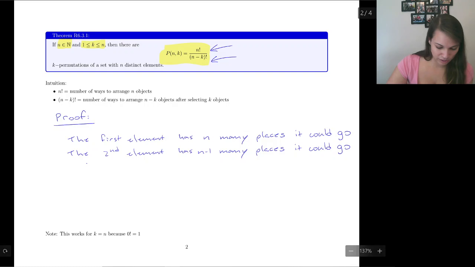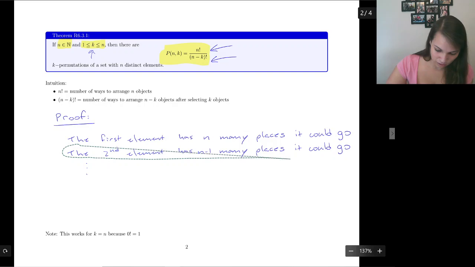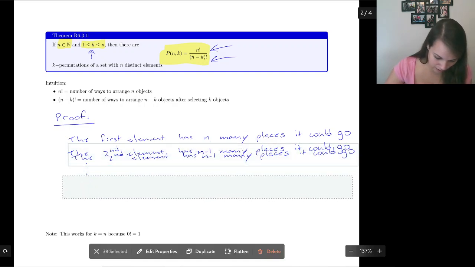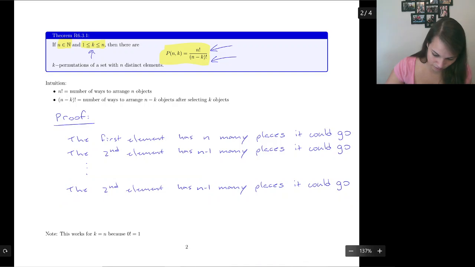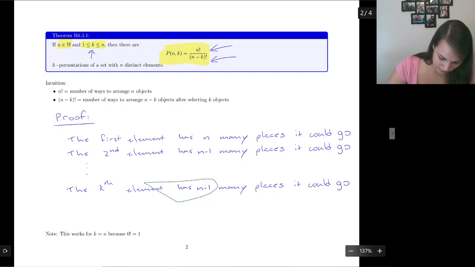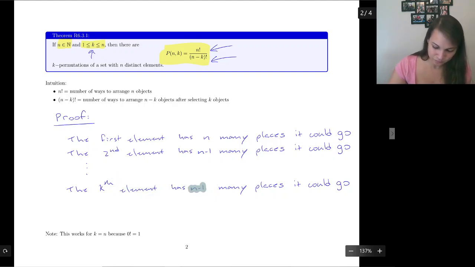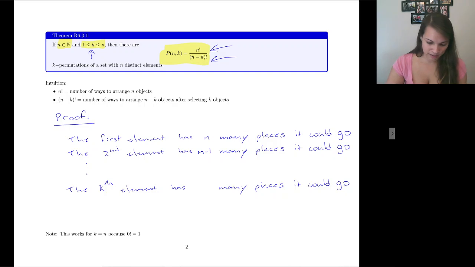And then if we just keep running down, so we have k many that we want to arrange. So by the time we get down to k, the kth element has, and this is the challenge, the question is, how many places can the kth element go?